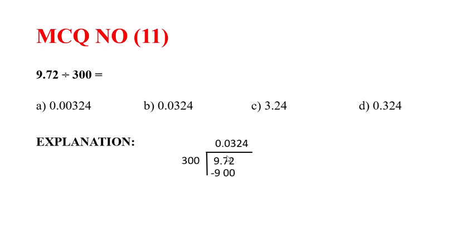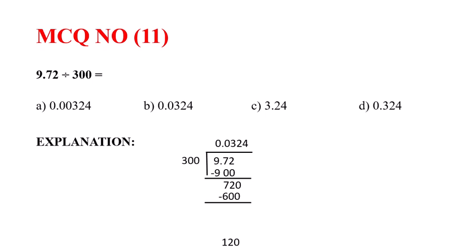So we multiply with 3 multiply with 300, we get 900. After subtraction we get 72, we put 0 because 72 is less than 300. So 720, if we multiply 2 with 6 with 300, we get 600.